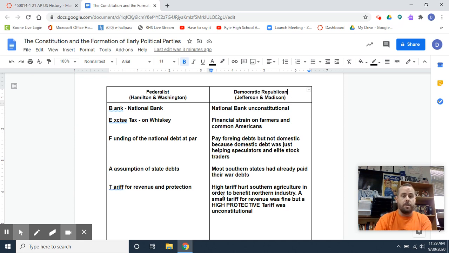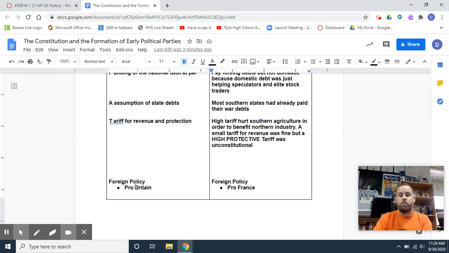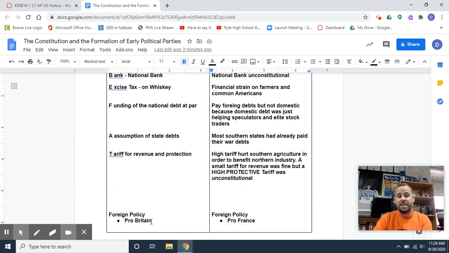So one last issue that helped to fuel the formation of these two political parties was foreign policy. Federalists tended to be more pro-British, and the Democratic Republicans tended to be more pro-France. So when Britain and France go to war on the back end of the French Revolution and the Napoleonic wars and expansion, Democratic Republicans said we needed to side with France, and Federalists, generally for trade and economic reasons, said we needed to side with Britain.